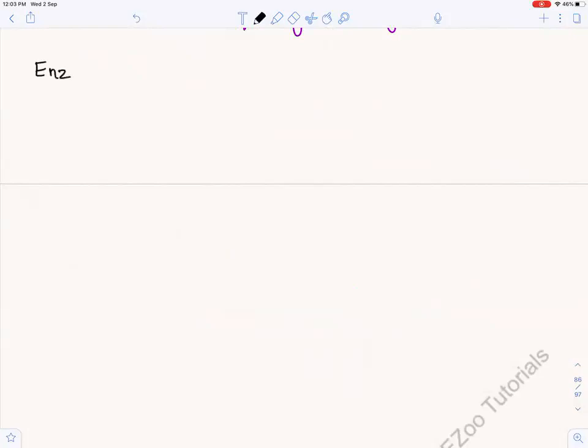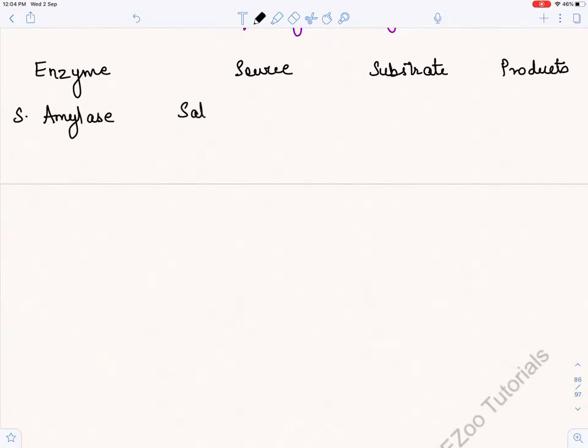Now from your exam point of view, I'll give you one chart that will help you remember a few things. The headings are enzymes, the source from where those enzymes come, the substrate on which those enzymes act, and the end products. Let us start with salivary amylase. What is the source? Salivary glands.